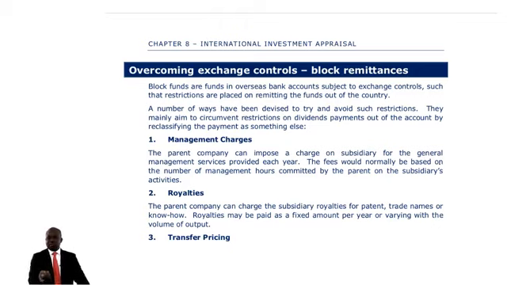My exchange rate is going to worsen. Therefore, I am not allowing you to bring the money at the end of every year. That is why it's called block remittance. So the monies that you are bringing, that is what that country government is not allowing you. They are blocking that remittance you have to bring from that overseas country.